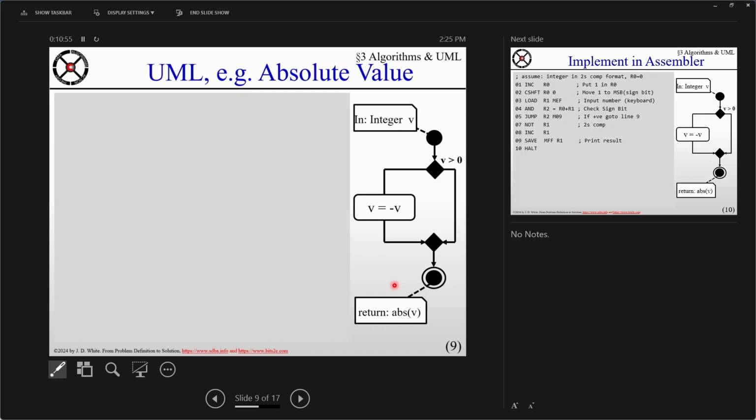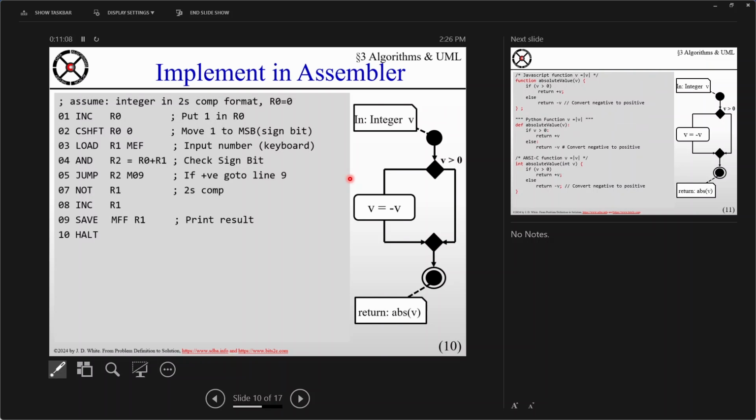Once we have our UML diagram, our next step will be to implement it in a language. For example, if I want to implement in assembler, in assembler, comments are started with a semicolon.